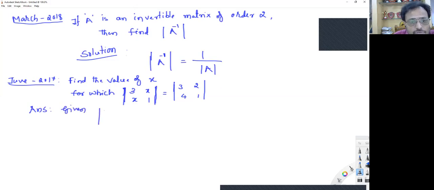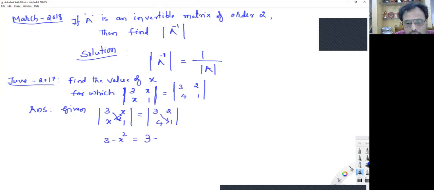The determinant of 3x x1 is equal to the determinant of 3 2 4 1. You know how to find it: 3 minus x square, by cross multiplication. Again here also the determinant of this 2 by 2 is 3 minus 4 2s are 8.